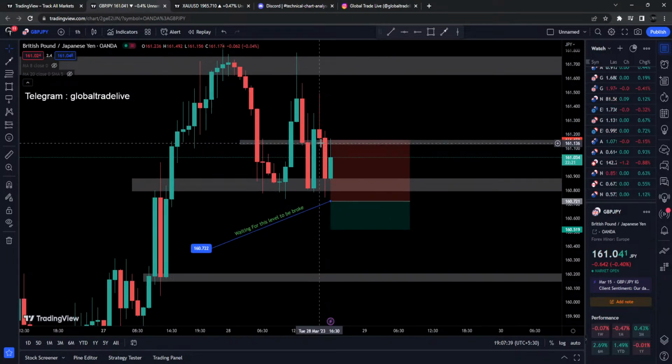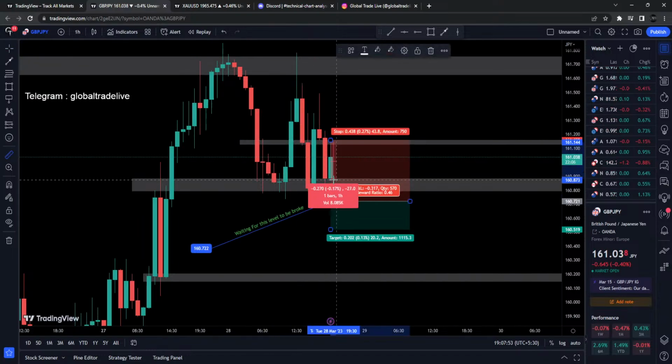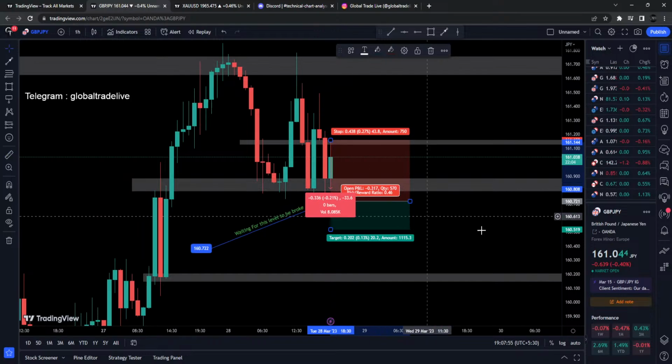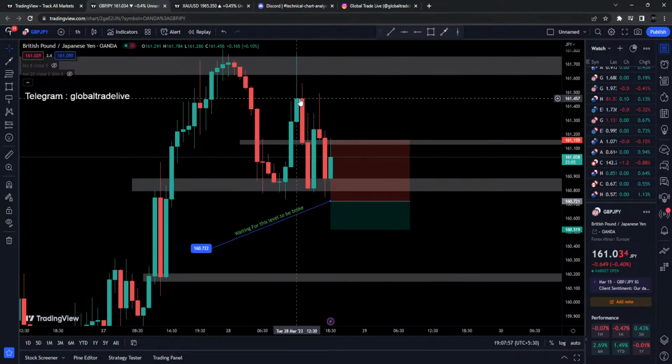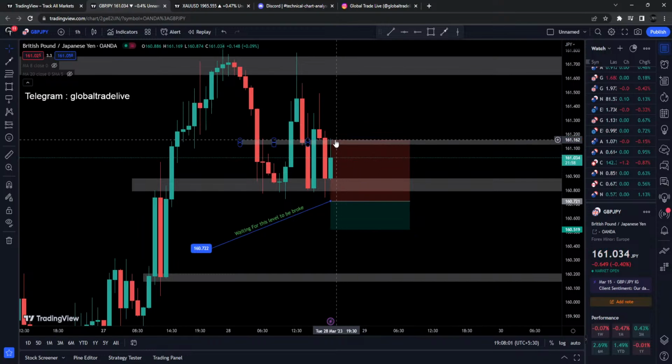Actually, this could be a nice trade over here at the time of NY open. Yeah, I actually came late today, so this could be a really nice move, like 31 pips of range. Yeah. So 22 minutes left for the current 1 hour candle to close.